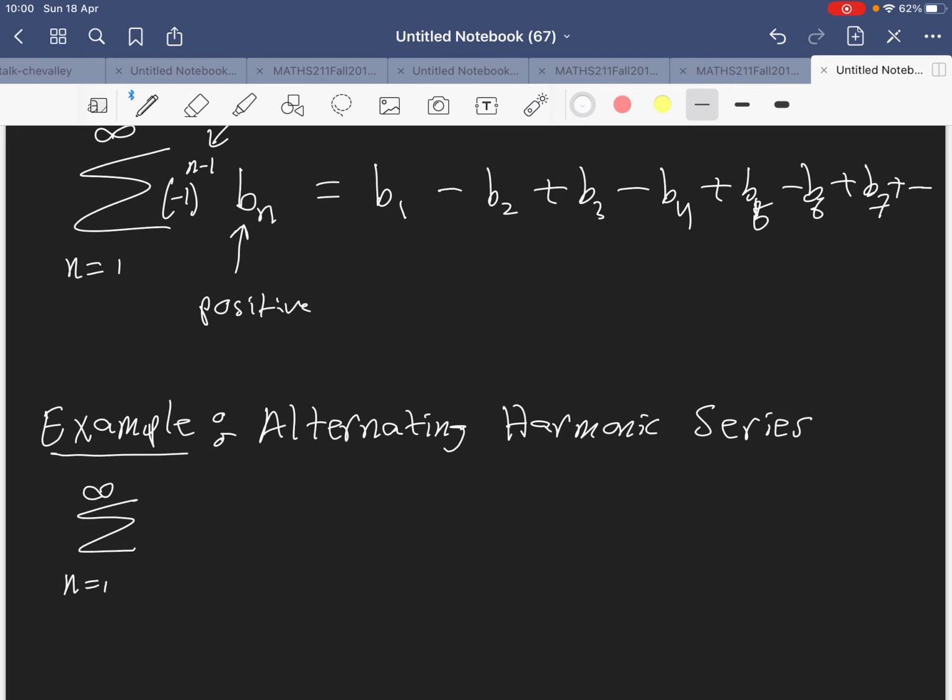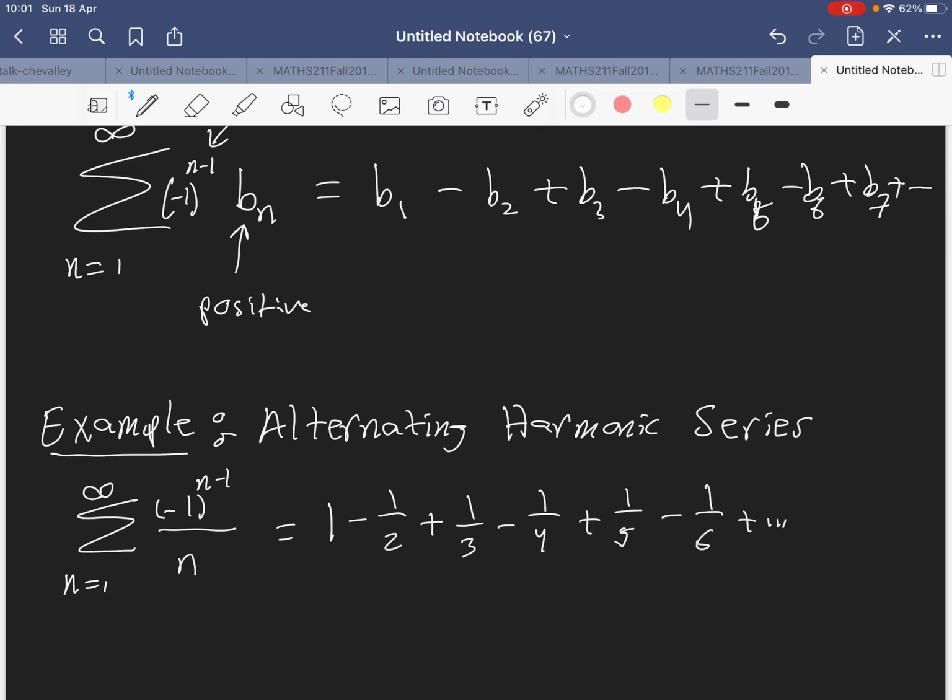If you remember, the harmonic series was 1 over n. The alternating one will be just the same as it is, but we have the alternating part. The alternating part is the one that will be responsible for plus and minus. That's all. It will not do any other harm to your series except the plus and minus.